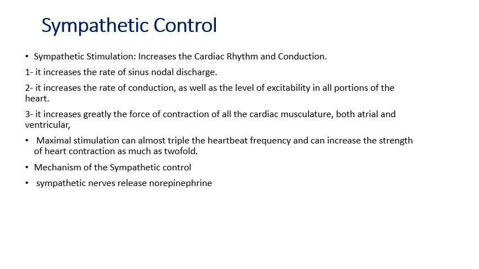The other part of the autonomic nervous system control is the sympathetic nervous system control. And as we know, the sympathetic stimulation releases norepinephrine, and the main effect is to increase the cardiac rhythm, so it affects the heart rate, because we know that the sympathetic nerve endings are distributed to the SA node, AV node, as well as the whole conductive system and the whole ventricular muscles.